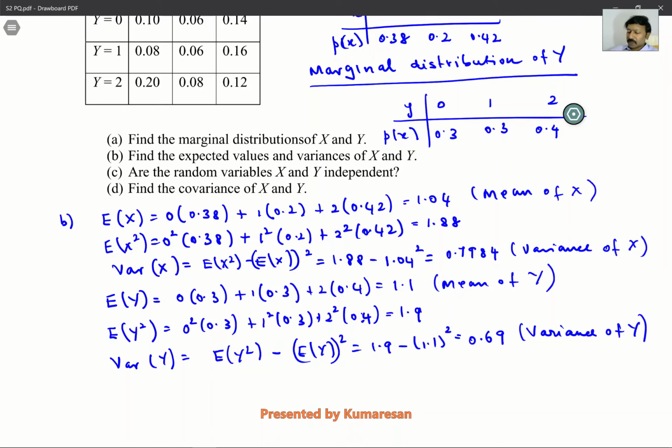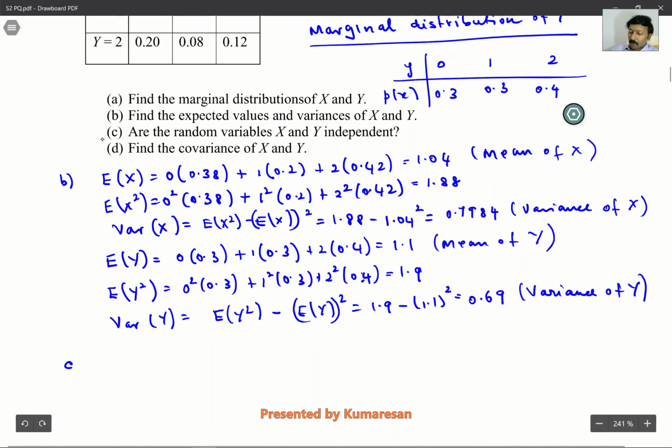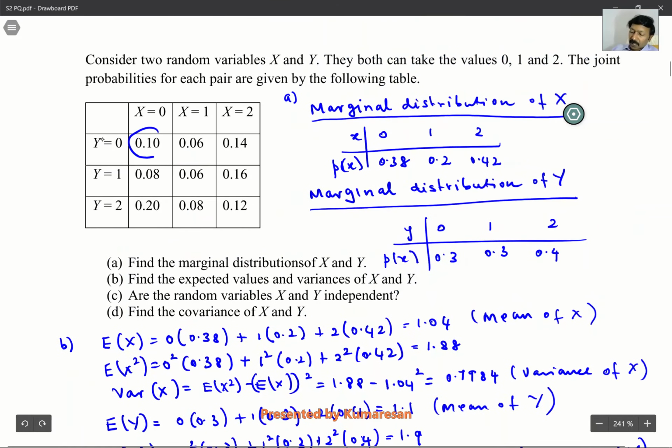The third question, are the random variables x and y independent? The two random variables will be independent if for all combinations of x and y, the joint probability is equal to the product of the marginal probabilities. So, for example, if you take probability of x equal to 0 intersection y equal to 0, that is the joint probability, you get 0.1.